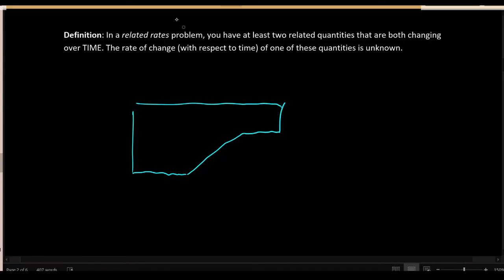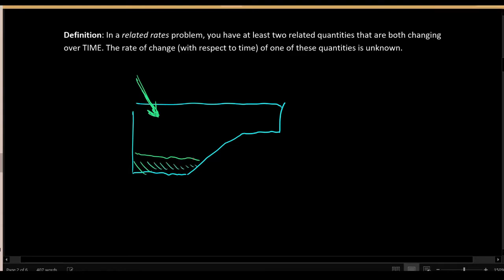Now, you're dumping water into this pool, and the water is coming into the pool at a certain rate. Simultaneously, the water level at the bottom of the pool is rising. So you have two related quantities here.